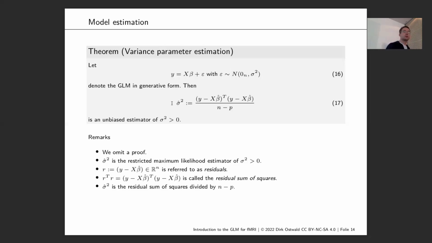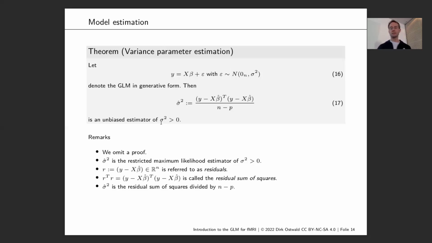Under that principle, you actually end up with this, although I've never shown that, but I know that this is the case. So that's then not the maximum likelihood estimator here, but the REML estimator, and it's unbiased. So again, the expected value of this estimator is the true but unknown parameter.